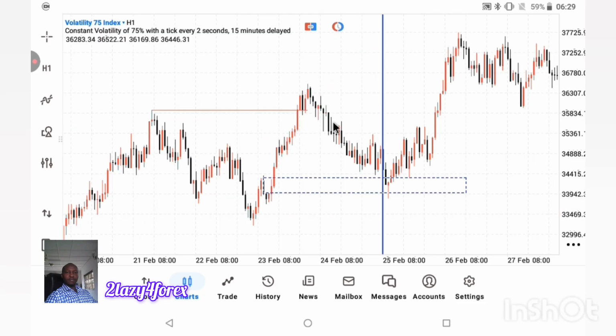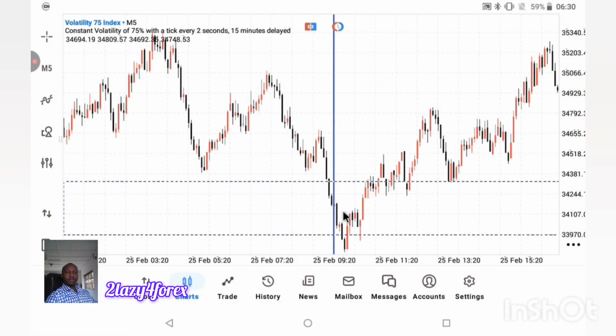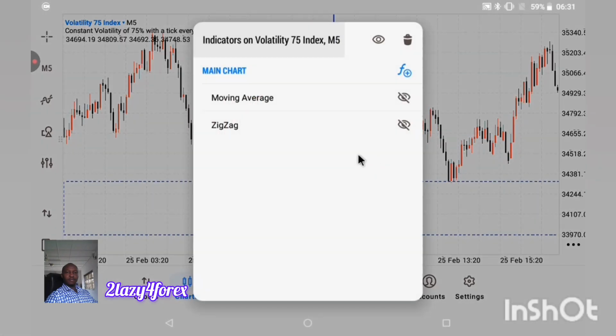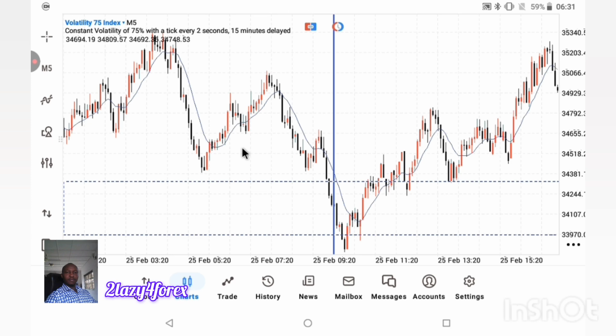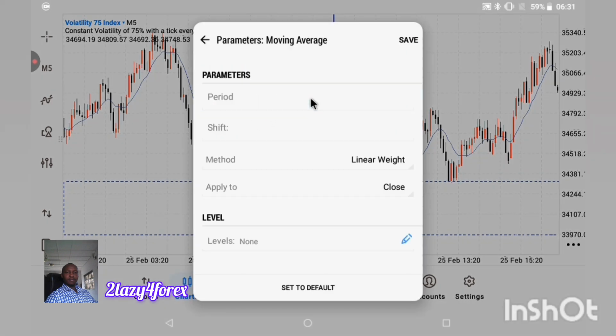We are still on the 1 hour chart. In the lower time frame, since you have price already in your sweet spot, I just bring in a moving average. As simple as it may sound, I just bring out a moving average. Let's check out the setting. Just a normal simple moving average, 14.